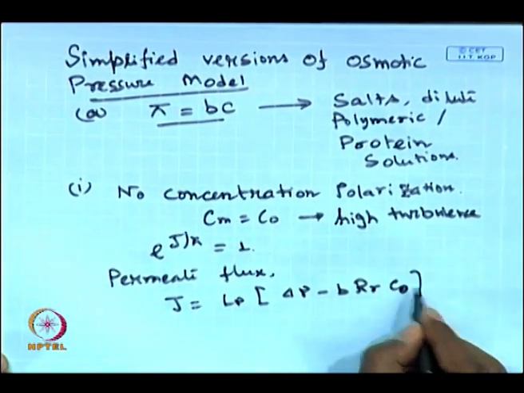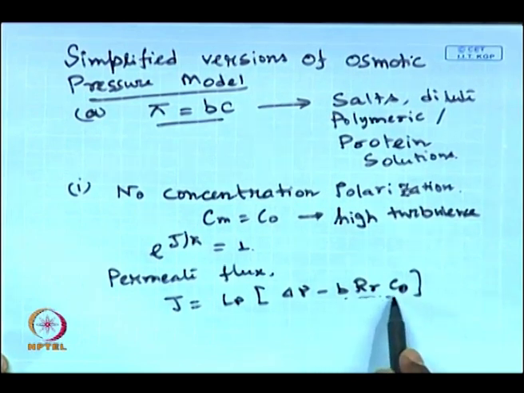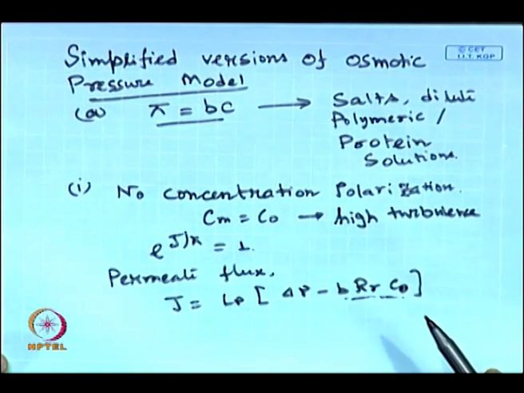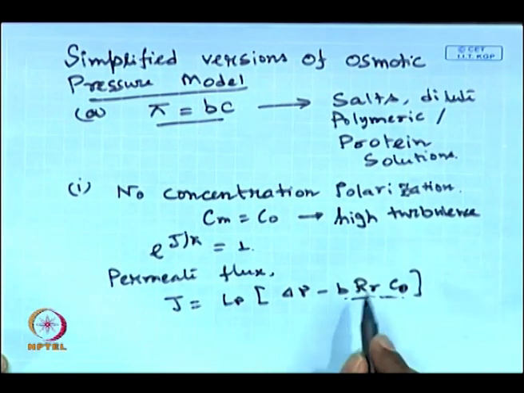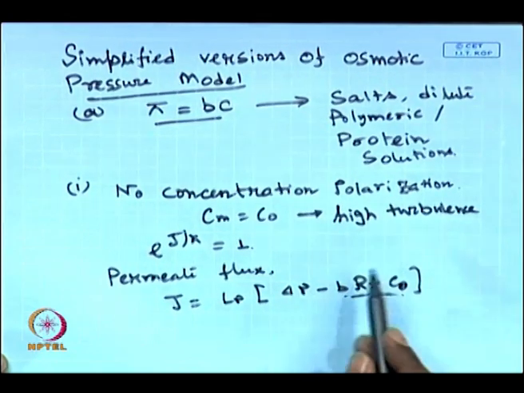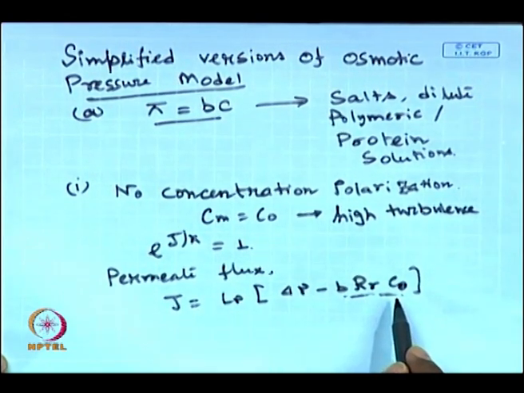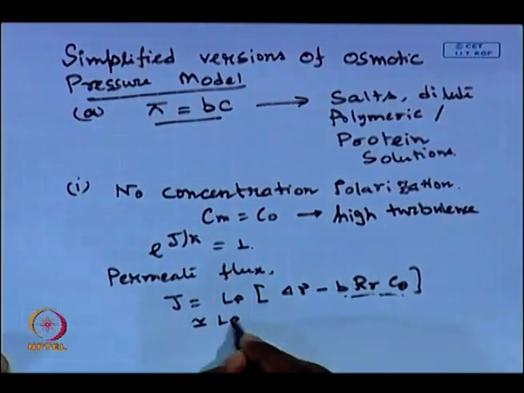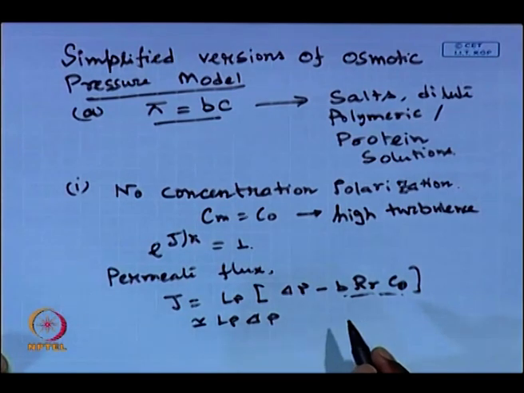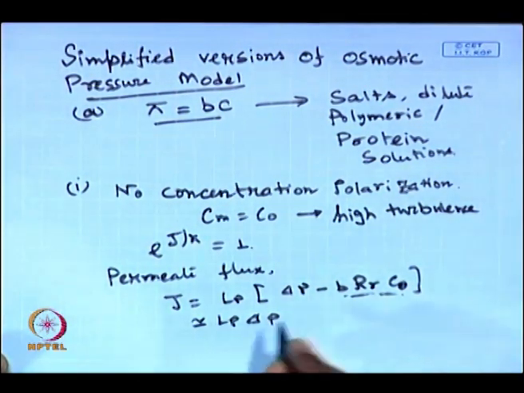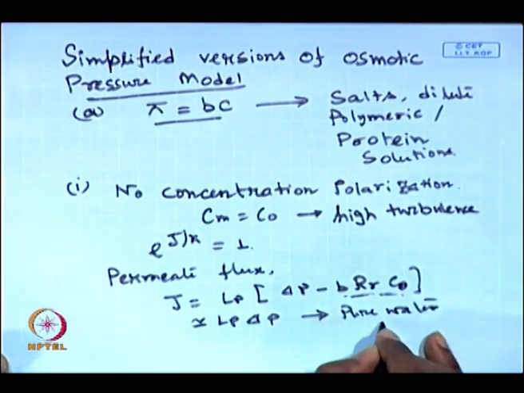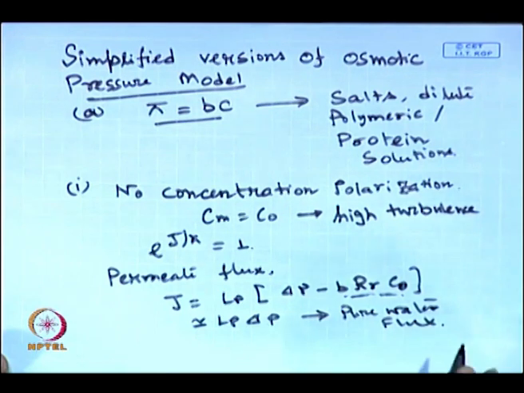So, the osmotic pressure corresponding to the feed concentration will be giving you the contribution from the osmotic pressure expression, and in fact your delta p is probably quite high compared to the osmotic pressure of the feed solution. So, you can easily neglect it. So, it will be almost giving you the pure water flux expression. This is known as the pure water flux, because for pure water there is no osmotic pressure contribution.